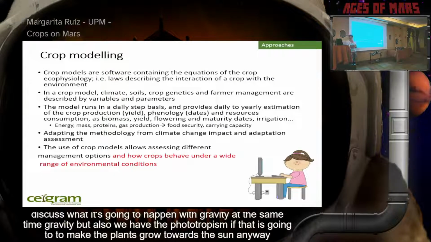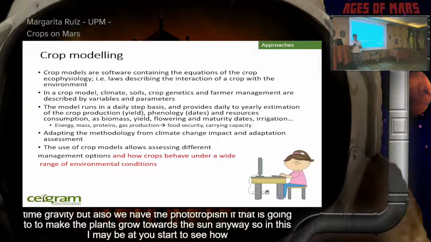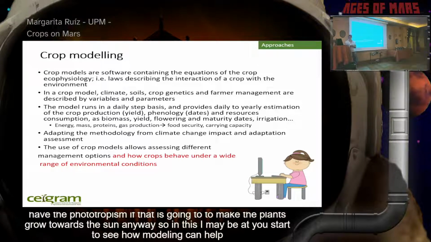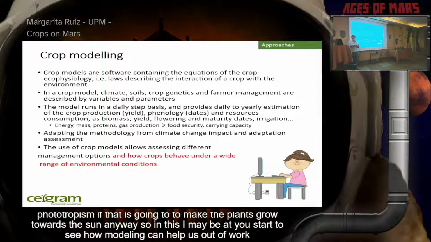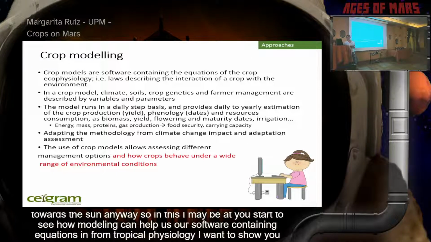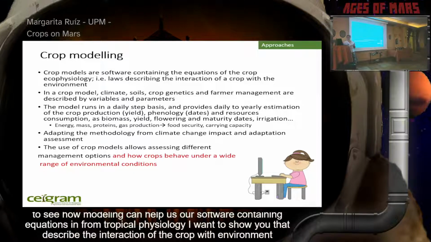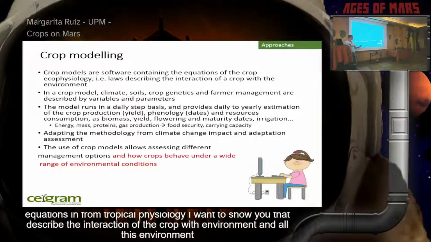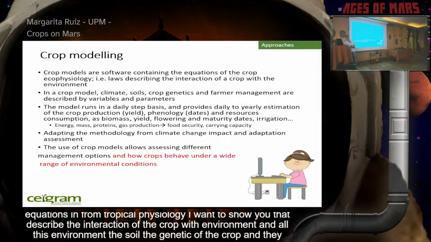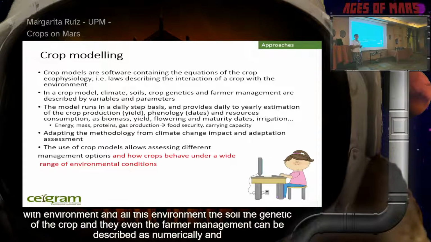So in this, maybe you start to see how modeling can help. Crop models are software containing equations from crop ecophysiology, like the one I showed you, that describe the interaction of the crop with the environment, and all this environment, the soil, the genetics of the crop, and even the farmer management can be described numerically by variables and parameters.